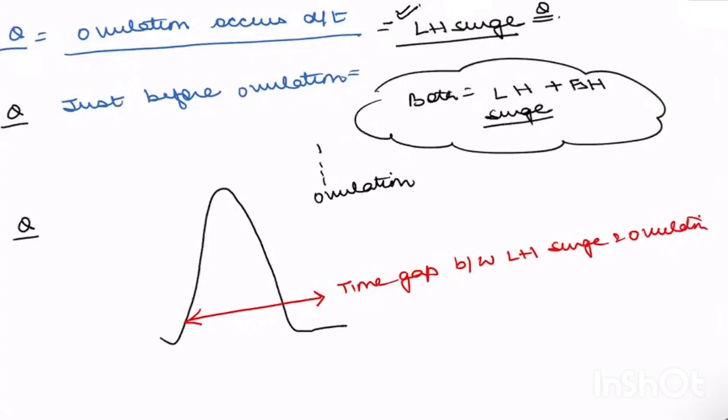Very, very important. Best answer is 32 to 36 hours. But if in your questions, 32 to 36 hours is not given, then the second best answer is 24 to 36 hours.